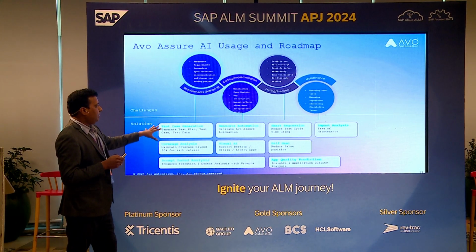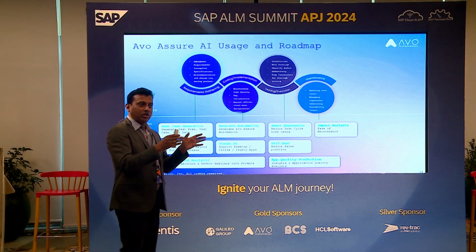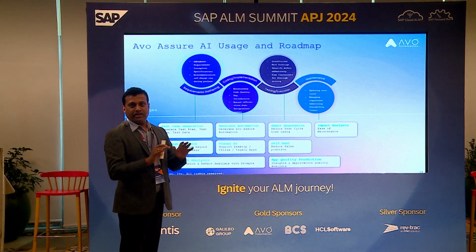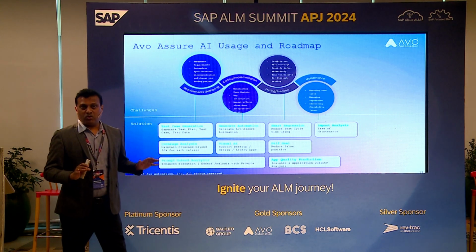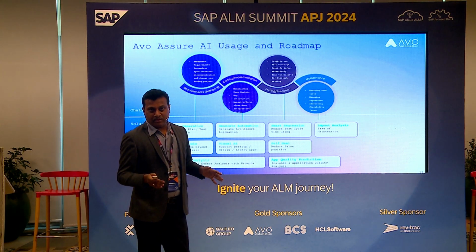End of the day, if you are working in a sprint model, how quickly are you able to automate them? Within the Avo platform, we have trained a model in such a way that it converts your manual test cases to automated scripts without writing a single line of code. Though it is low code, no code, our success rate is close to 60%, because 100% really is not possible.